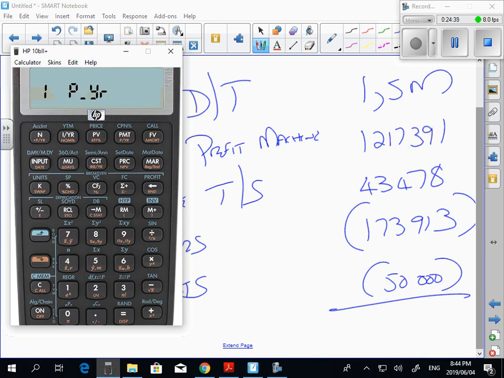So adding up my accounting profits, sorry, 1.5 million plus 1,217,391 plus 43,478 minus 173,913 minus 50,000 gives me 2,536,956.